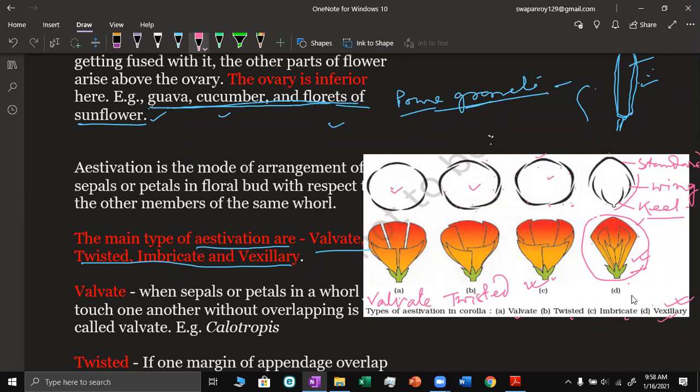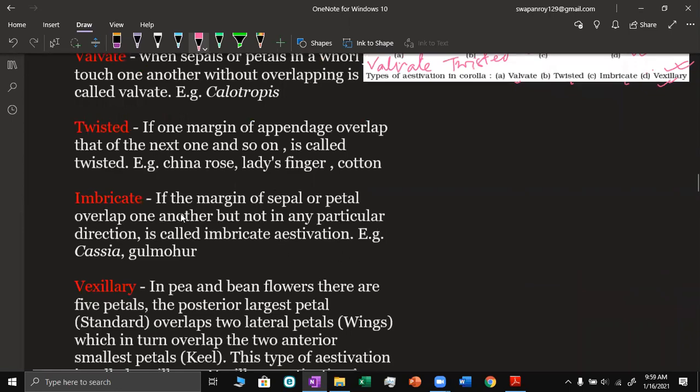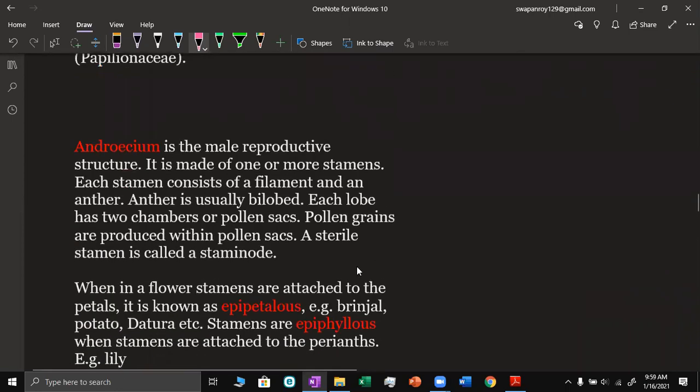So in papilionaceous flowers only this one is present. So this is twisted, imbricate, vexillary.